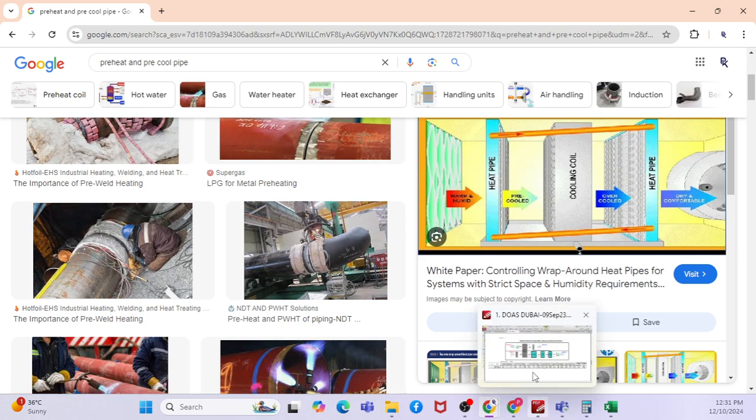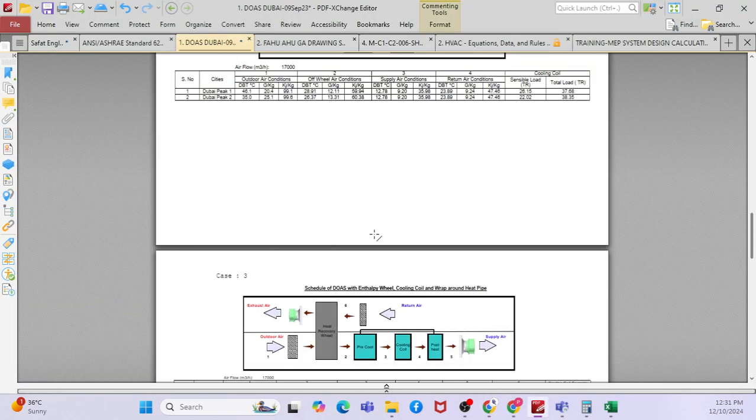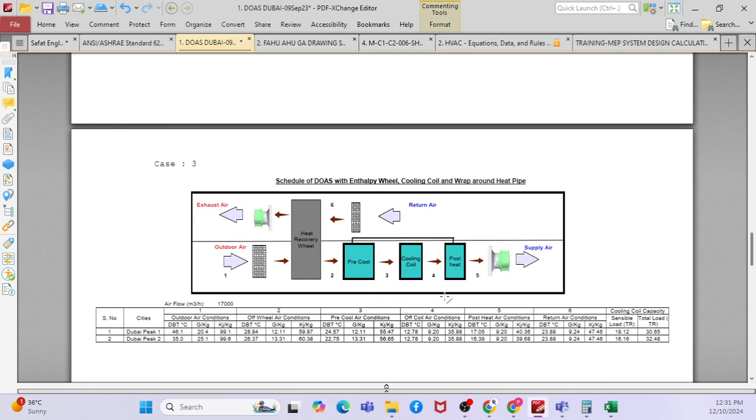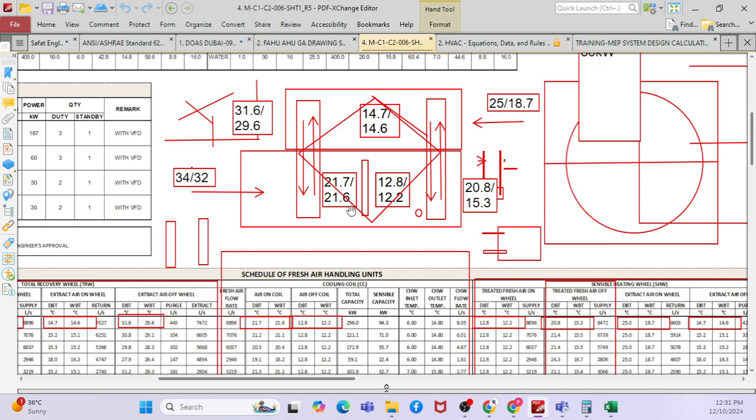Okay. So now whenever we do the calculation, as a consultant, we will do one with the heat wheel and one with the heat pipe, and we will see which is the best efficiency, okay, in terms of energy consumption. Then that's the way we will choose which type it is. Say for example, this is one of my projects, where we worked in downtown.